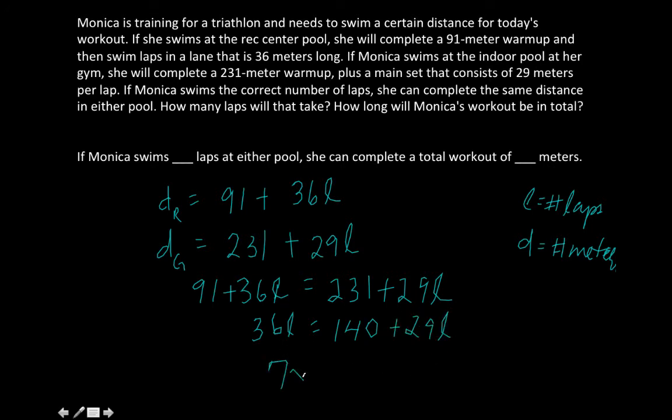Subtracting 29L, we get 7L is 140, so L is 20. So she's going to swim 20 laps, and it's going to be then that the total distance is 91 plus 36 times 20, which is 91 plus 720, which is 811 meters.